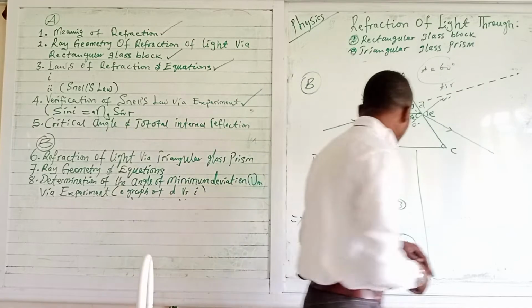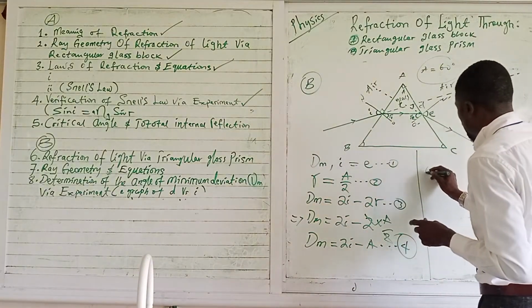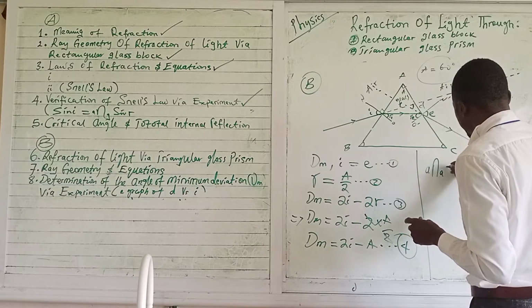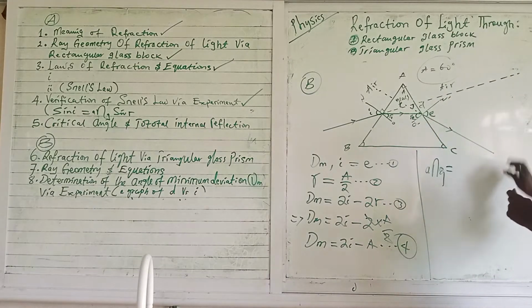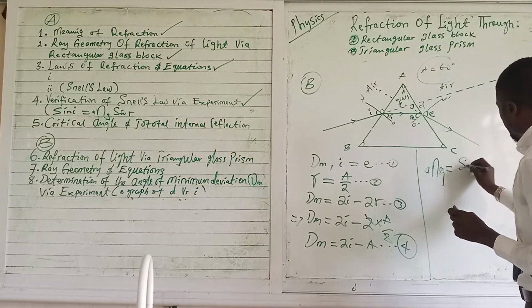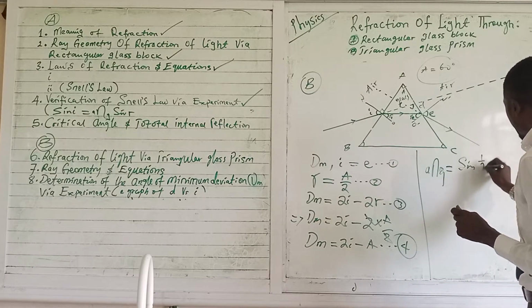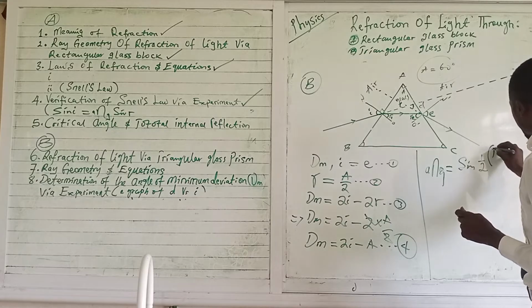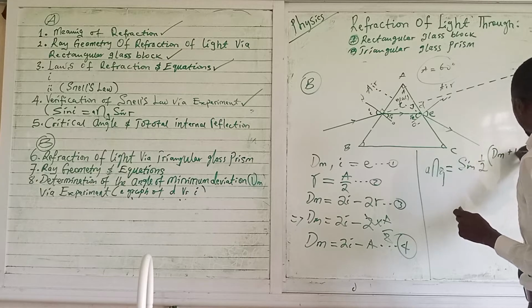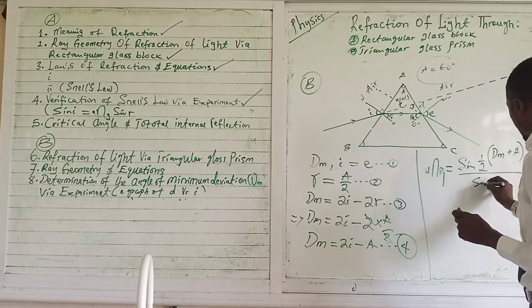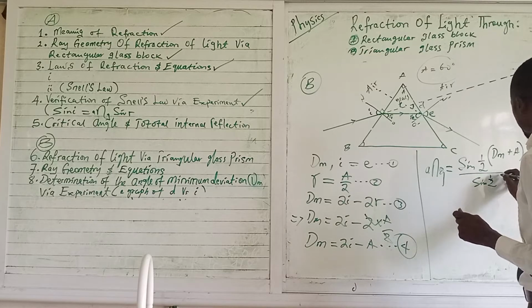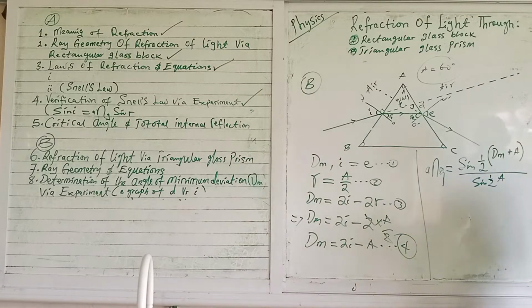Good. So, the refractive index of air to glass for a triangular glass prism is given as what? The sine half into what? Angle of minimum deviation plus A divided by what? Sine half of what? A. Sine half into what?